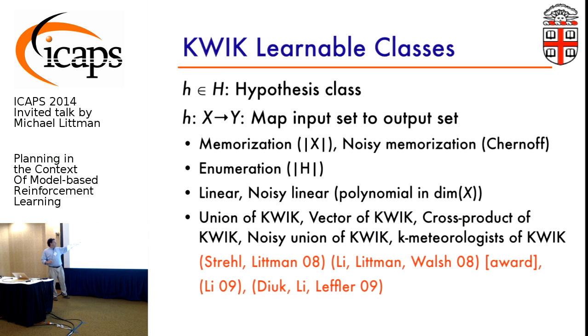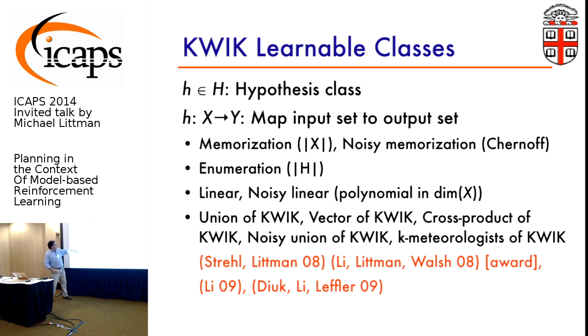So if it's a linear mapping, we can actually learn with a bound that is polynomial in the dimension of the linear space that we're learning in. That ends up being really helpful for learning probabilistic STRIPS-type rules, right?